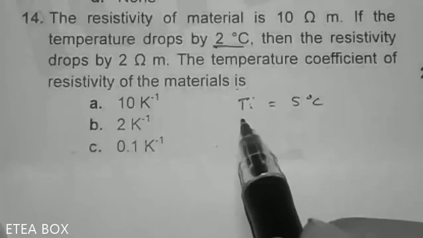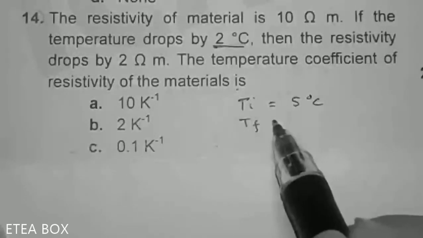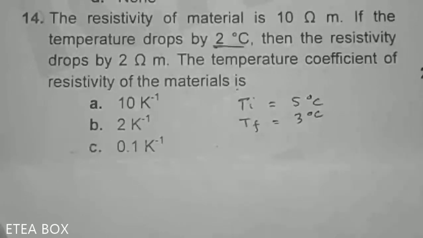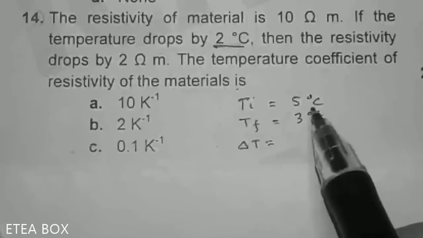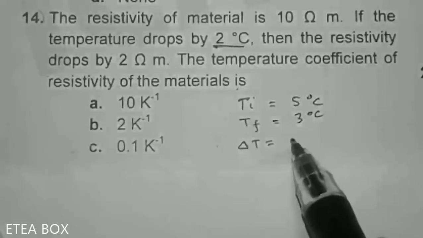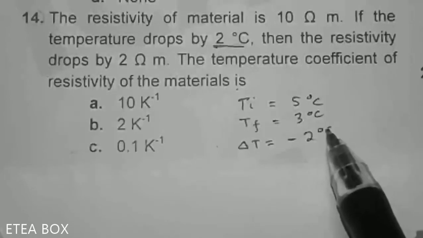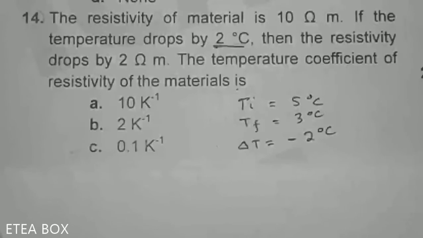And the final is dropped by 2, which means that it is 3 centigrade. Now here the change in temperature, we know that final minus initial. So drops by 2 centigrade means that it will be minus 2 centigrade, okay?